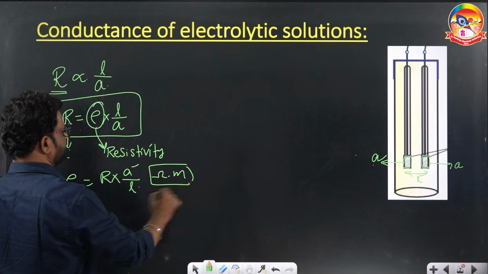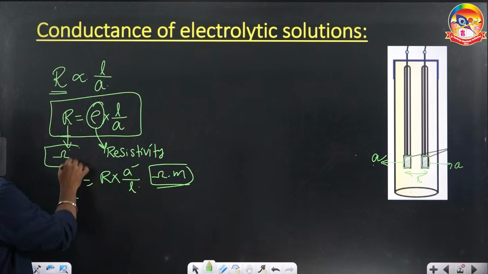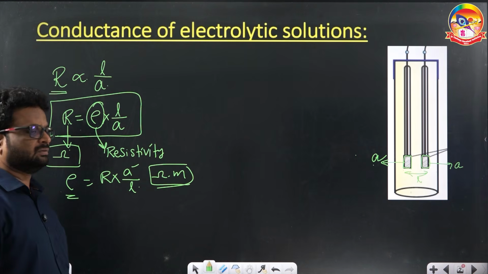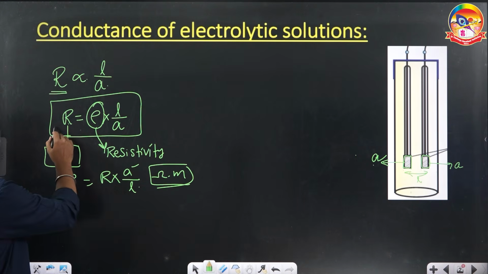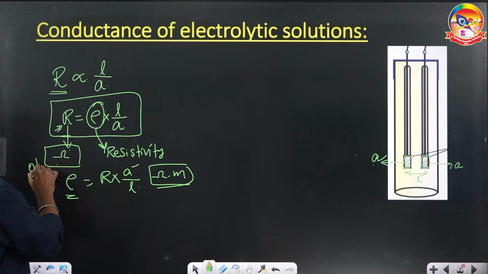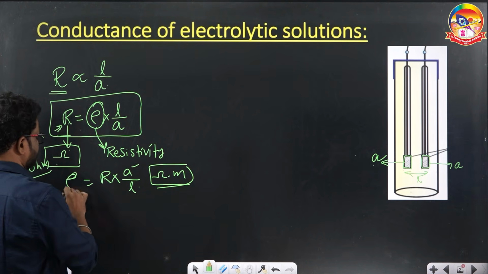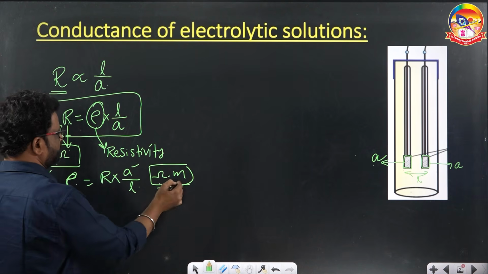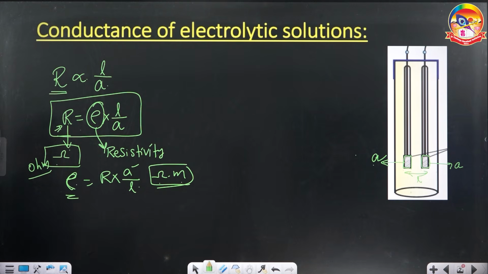These units are important related to each of the term that we will discuss now. The units are very important. Resistance has units of ohm, and resistivity has units of ohm meter or ohm centimeter.